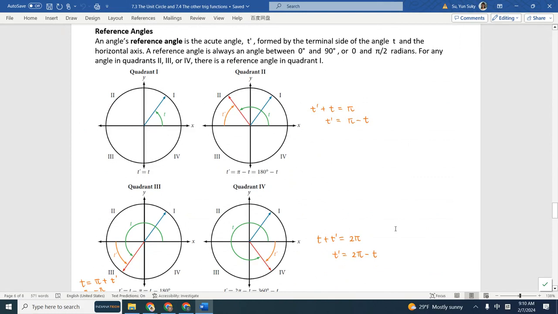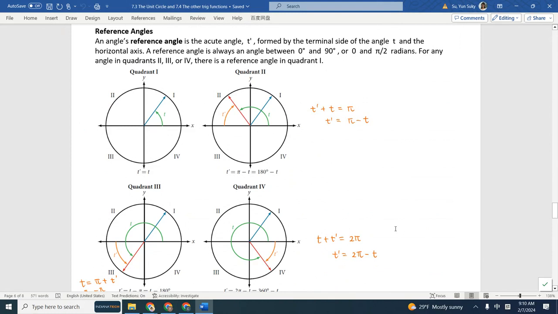And quadrant 3, that's the T, but then the T prime is the angle made with the x-axis. This is T prime. From the picture, you can see our T is pi plus T prime, right? So draw the picture, then you can see the relation. How about quadrant 4?